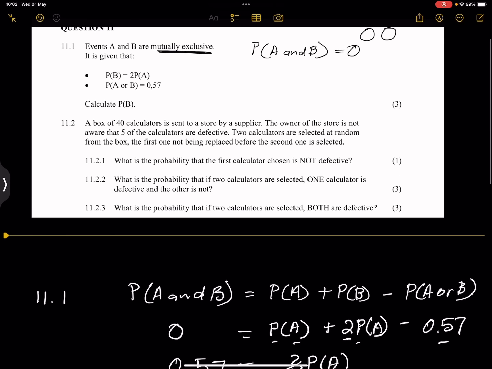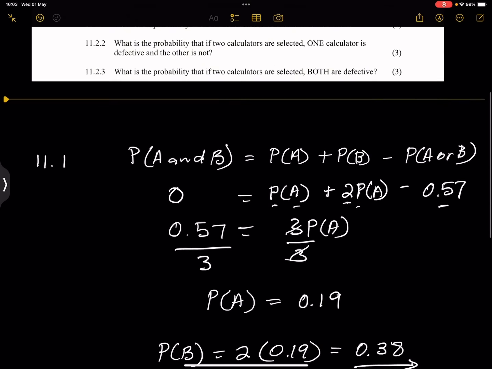Okay, so the next one says, in fact, they're giving us a box there of 40 calculators sent to a store by a supplier. The owner of the store is not aware that 5 of the calculators are defective. 2 calculators are selected at random from the box, the first one not being replaced before the second one is selected.